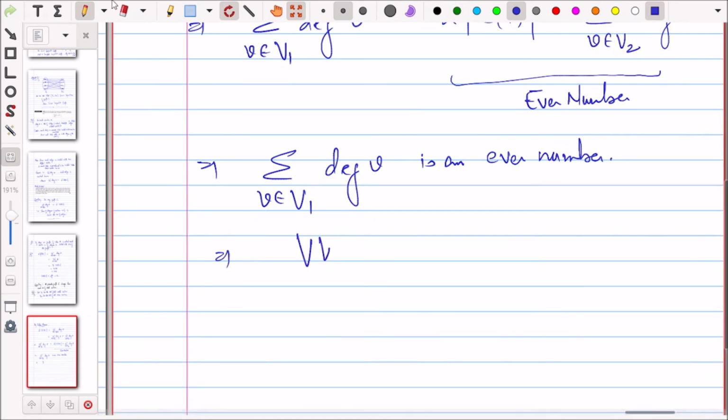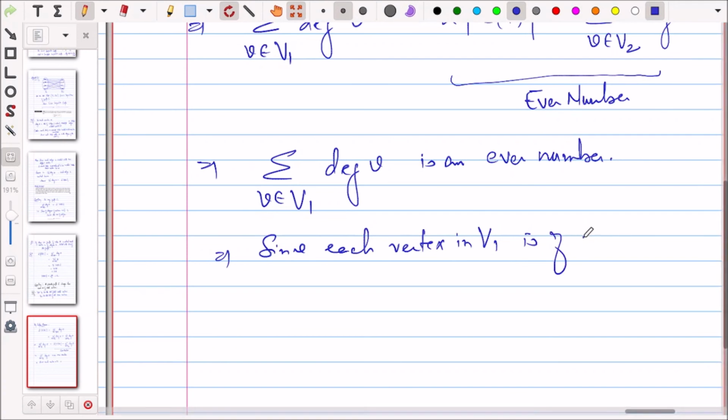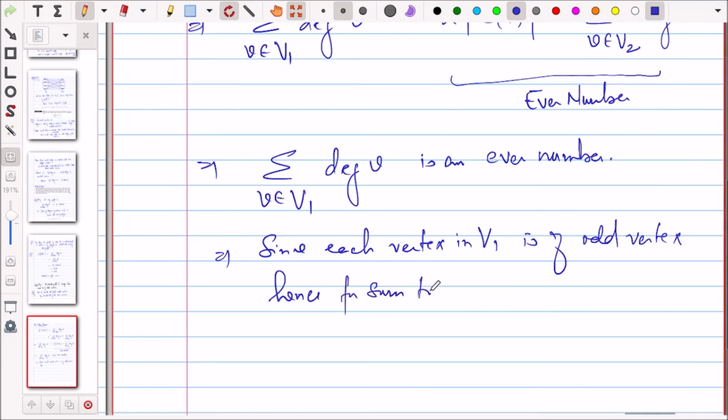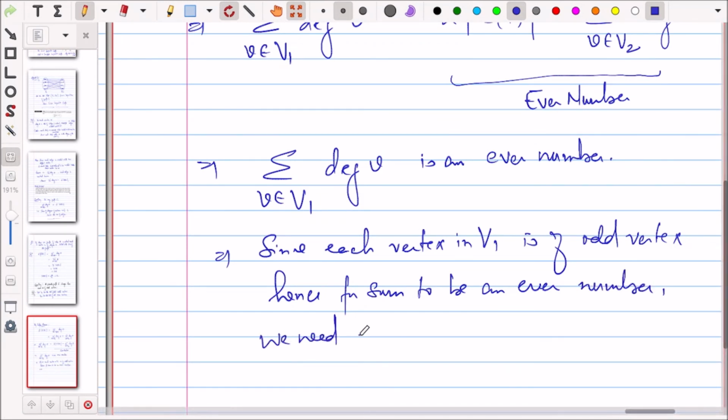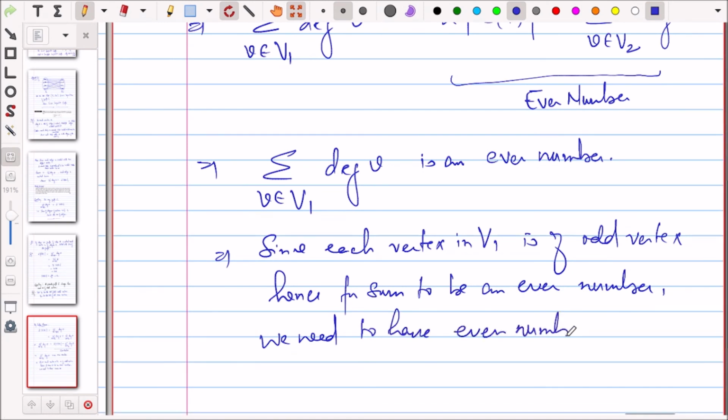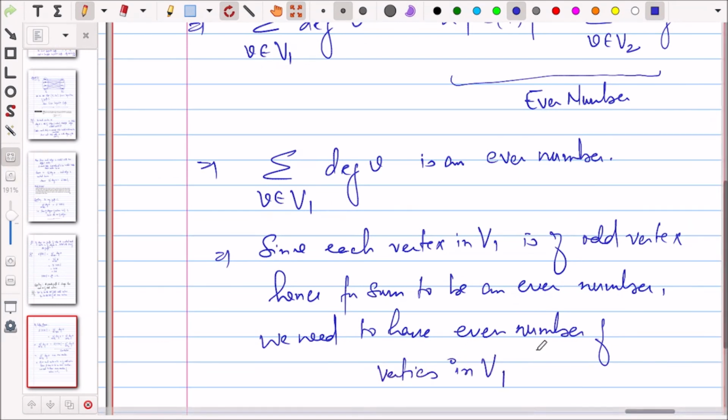Yes, so this implies since each vertex in V1 is of odd degree, hence, for sum to be an even number, we need to have even number of vertices in V1, right?